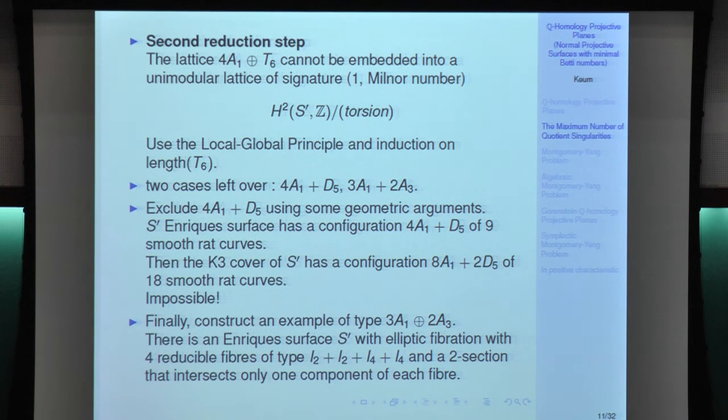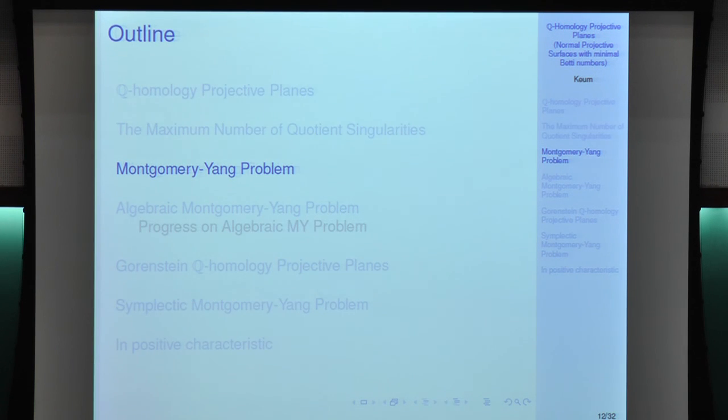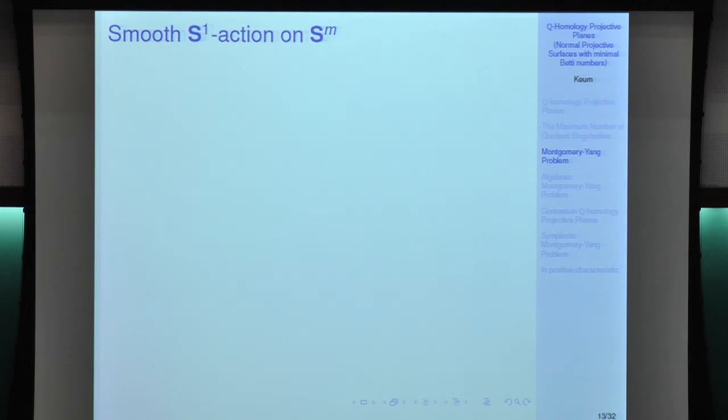Okay, I'll go later, maybe tomorrow, on the Gorenstein case. Today, let me finish with this section, the Montgomery-Yang problem. So, a smooth circle action on an m-dimensional sphere.